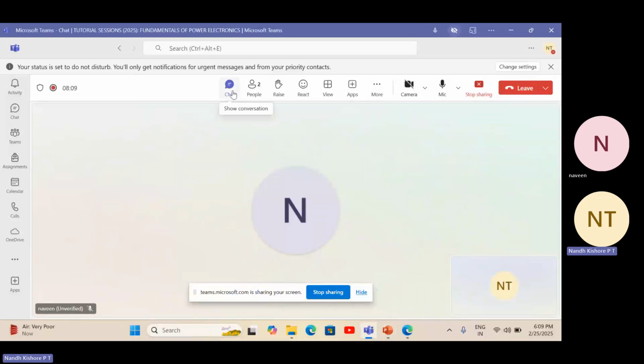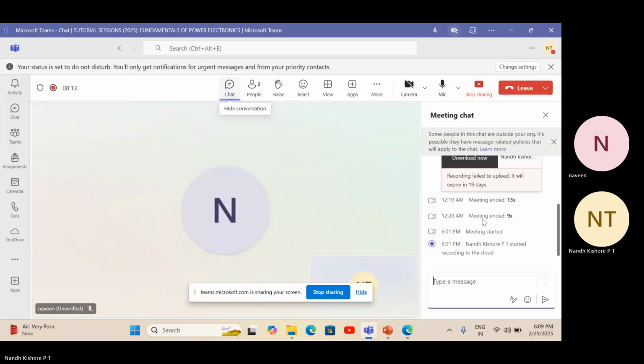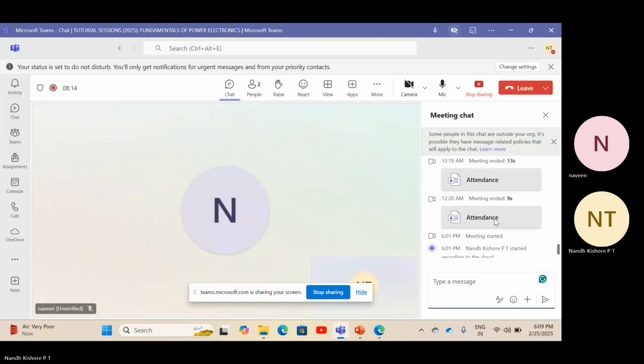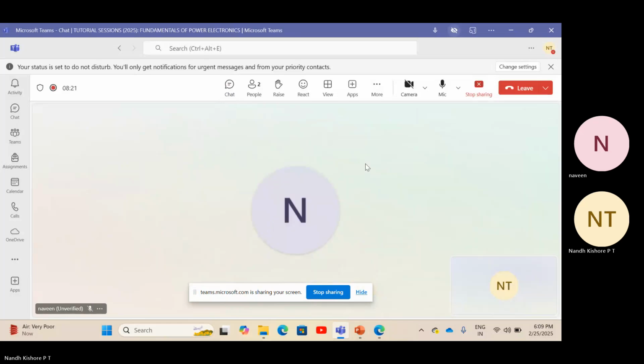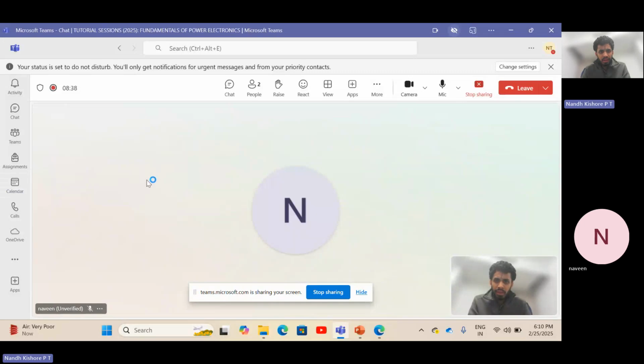You can write in the chat box if you cannot unmute yourself.